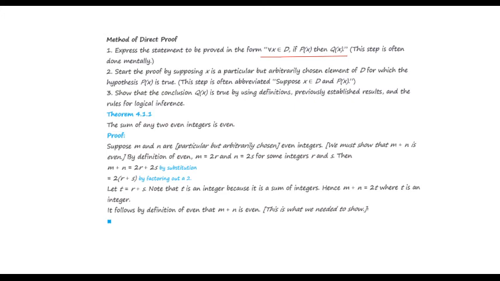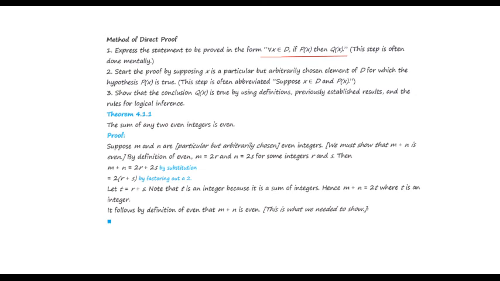And then in the last step, which is the most important step, we need to reach the conclusion. We need to show that Q of x is true by using definitions and previously established results and the rules for logical inference. So this method of direct proof needs a lot of practice.